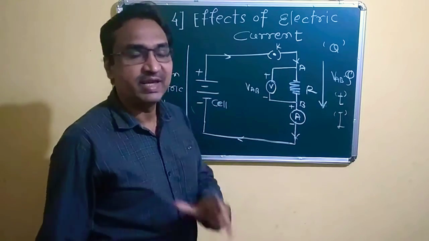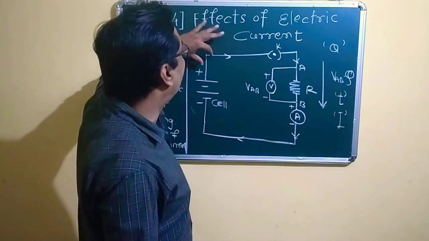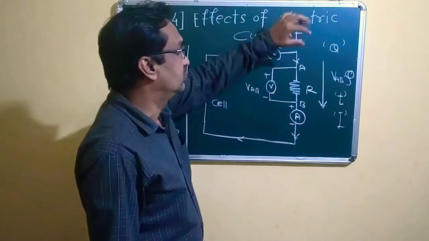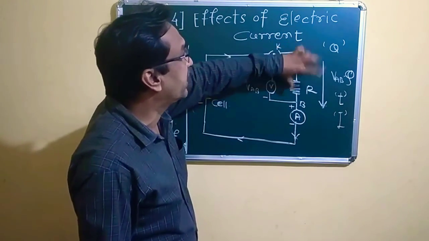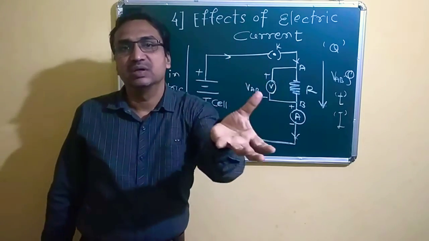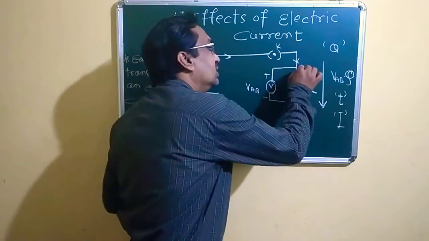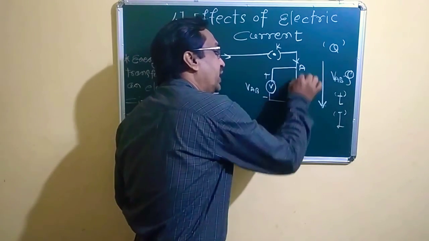The cell provides energy via charge Q from A to B to the resistor. The resistor gains this energy and can carry the charge from A to B.